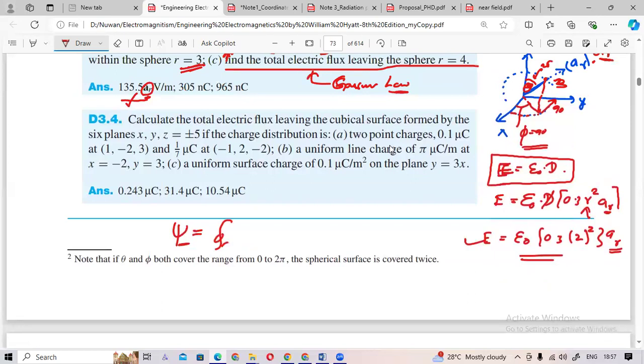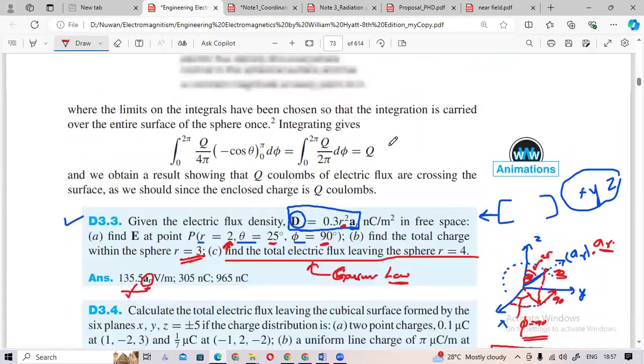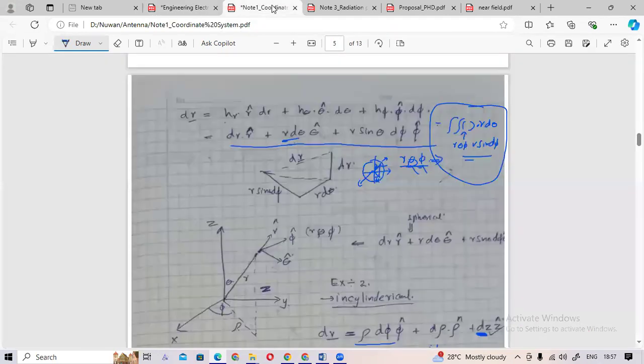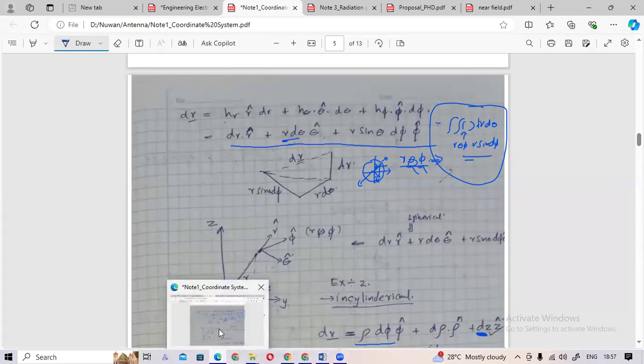the surface integral of D dot dS. So we have to evaluate the surface integration. It is very easy. Previously I told you that if it is a sphere and a surface, we have to do this integration.